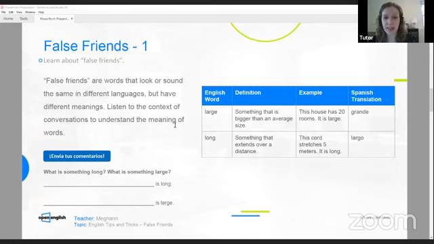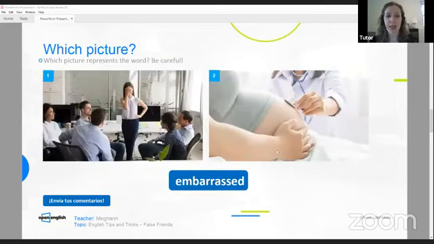Let's continue practicing. Okay, which picture represents the word? Be careful. The English word here is embarrassed. Is this represented by picture number 1 or picture number 2? Envía tus comentarios.